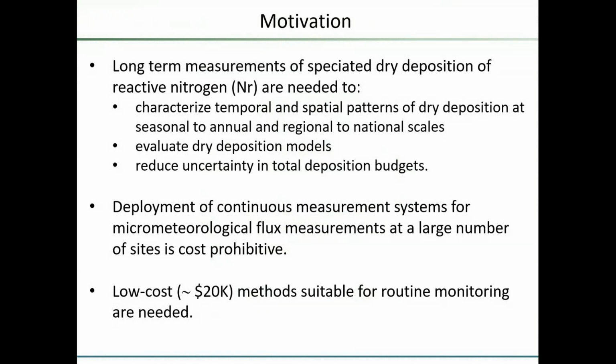So what's the motivation for exploring these low-cost dry deposition measurement systems? Well, we know that dry deposition is an important part of total deposition, and in many cases exceeds the wet deposition component. We also know that dry deposition is more difficult to measure than wet deposition, and so there's a lot less data on dry deposition for assessing that component of the total budget and for developing and evaluating dry deposition models.